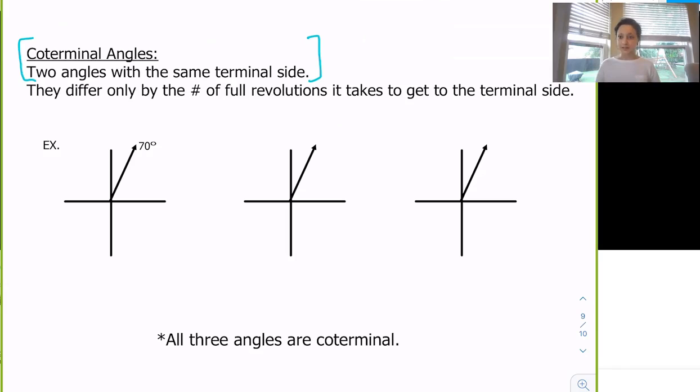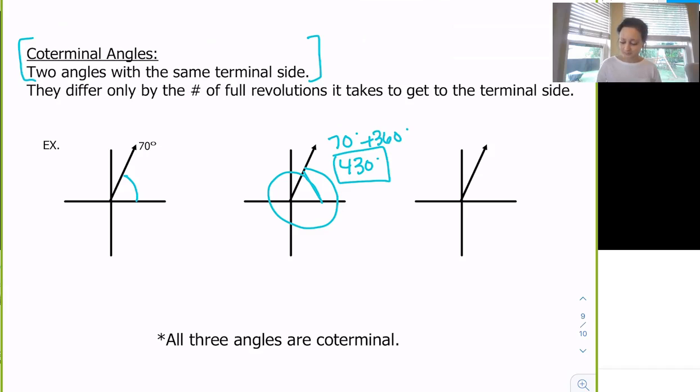So, for example, if I've got 70 degrees, to find a coterminal angle, I could take that 70 and do another full rotation, right? So if I'm in degrees, I'd have 70 degrees plus 360 degrees, in other words, 430 degrees, okay? But I don't have to go in the positive direction.